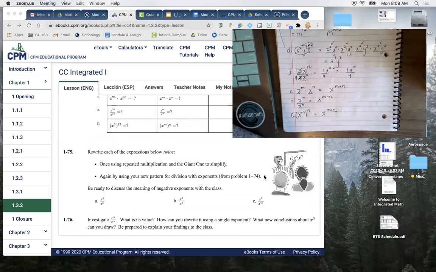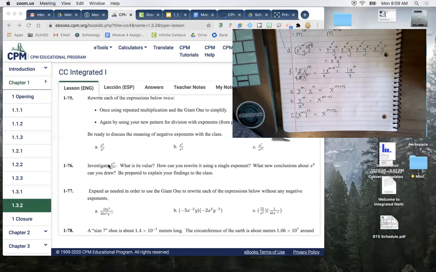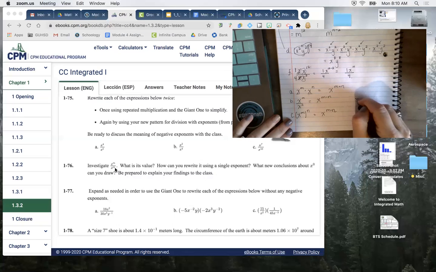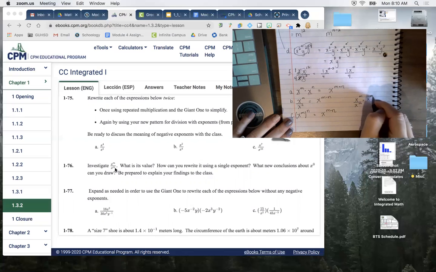Okay, the last thing I do want to mention is the idea of if you have something like this. So if I have x to the m over x to the m power, well, I'll use my rule really quick. That means I get x to the m minus m, anything that you plug in there, 3 minus 3, 4 minus 4.